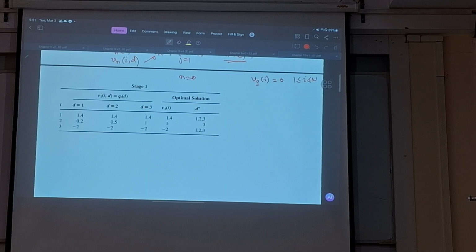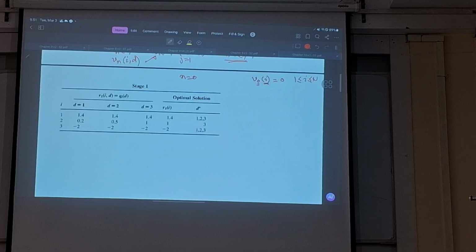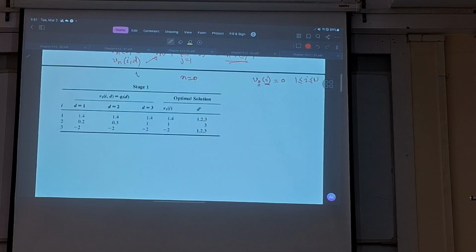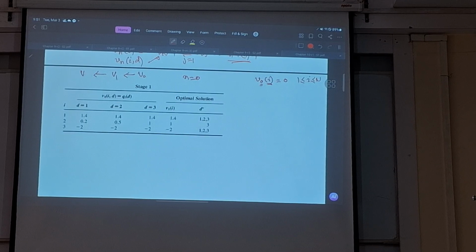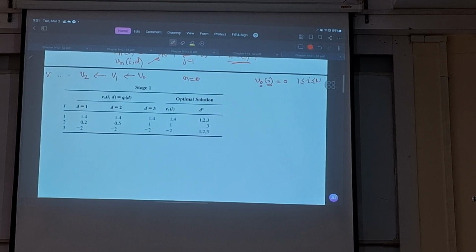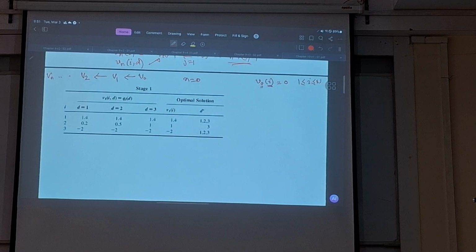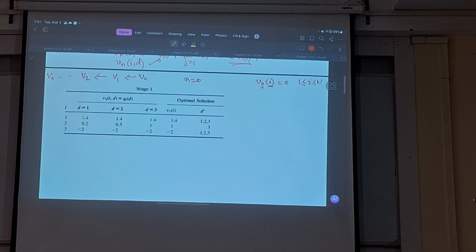For all states, V0 is set to 0. Then from here we move from V0 to V1 to V2, and in this way we move on.